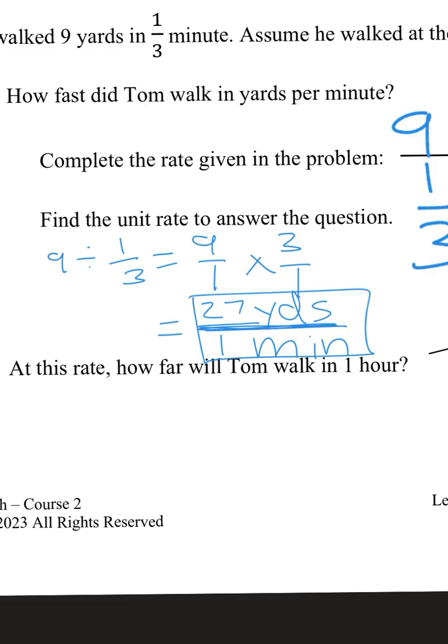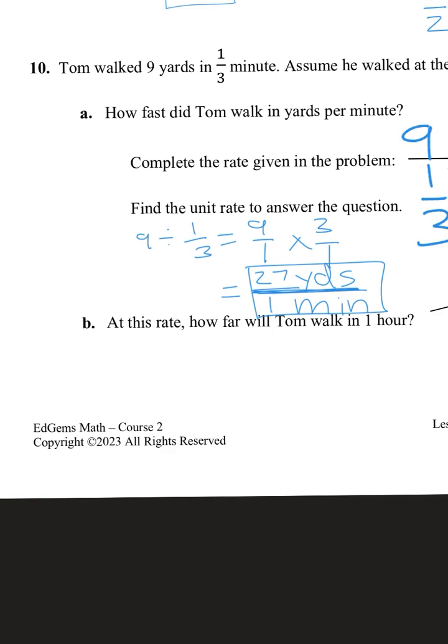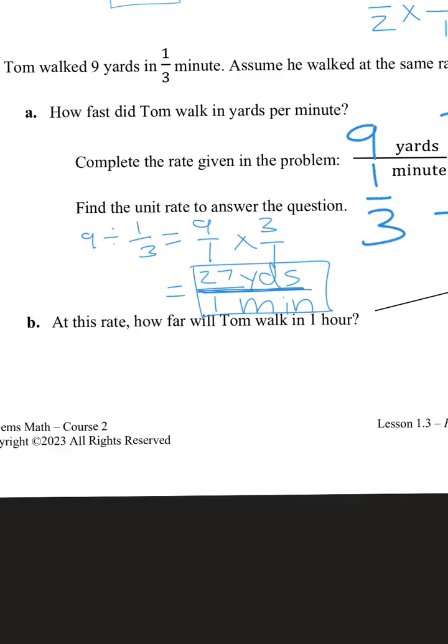So that's for the last part of part A, where it says find the unit rate to answer the question. So then on part B, it says, at this rate, how far did Tom walk in an hour? So in this case, off there to the right, it says, think about how many minutes there are in 1 hour.